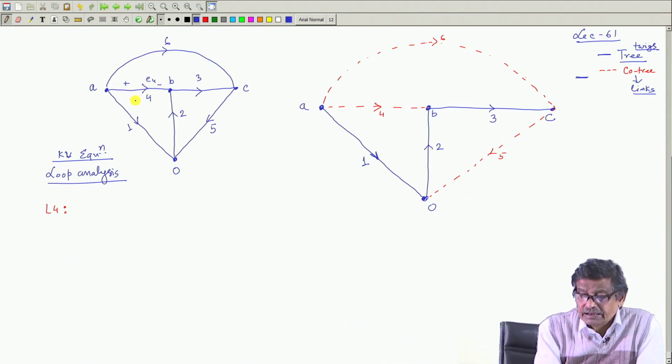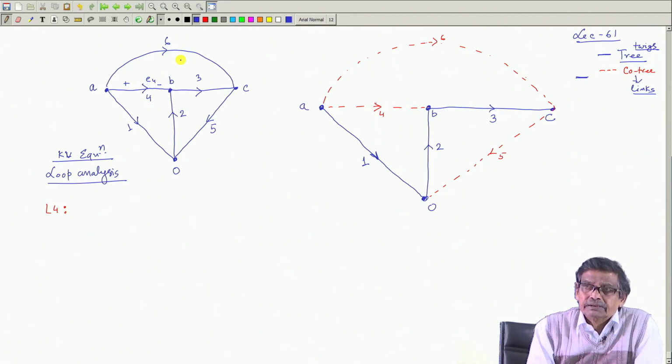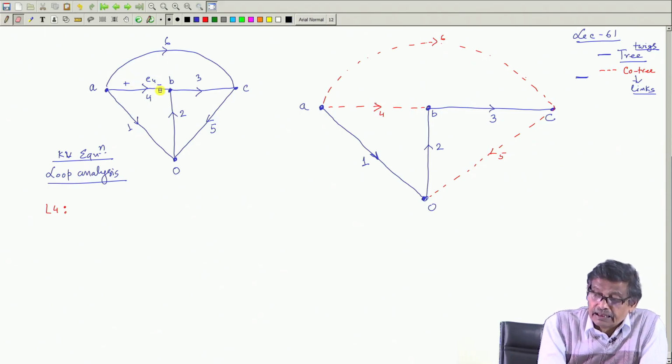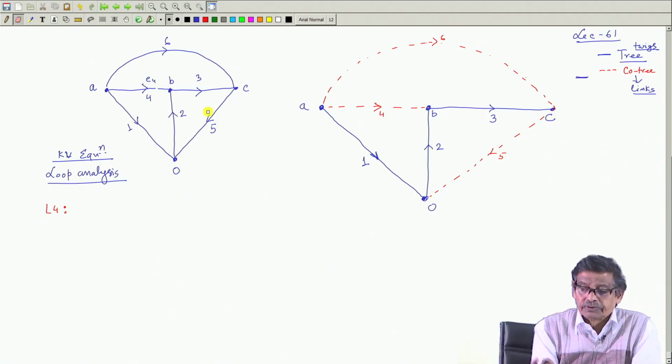I am not writing I4, we have already seen that. Writing only numbers is sufficient to understand this. So, when I say VE4, it is the voltage across this element. These things I will not write henceforth, it is understood.